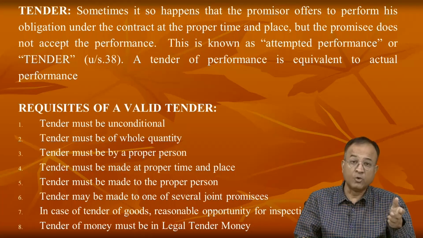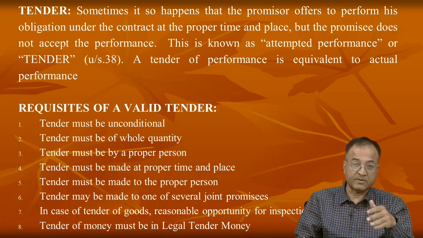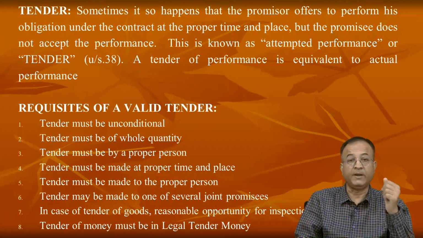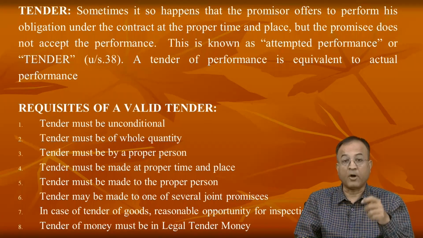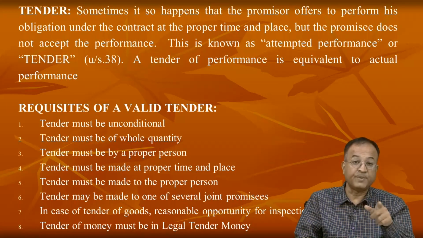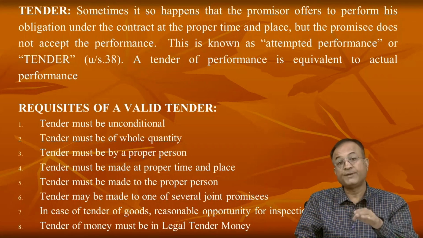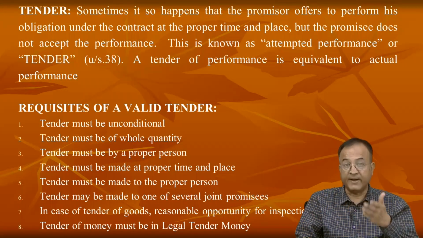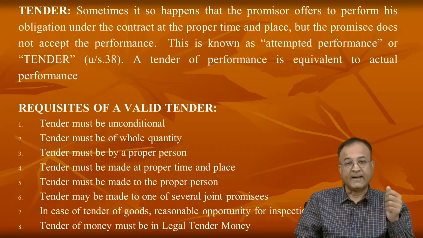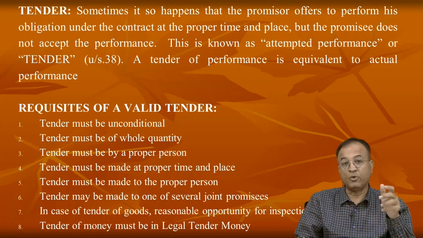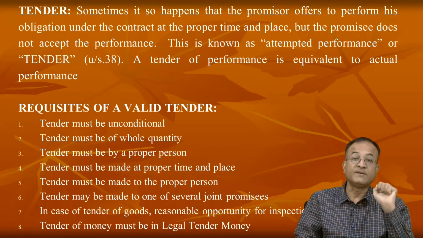A tender of goods after the business hours is not a valid tender. E. Tender must be made to the proper person. A valid tender must be made to the promisee or to his duly authorized agent in the proper form. F. Tender may be made to one of several joint promisees.